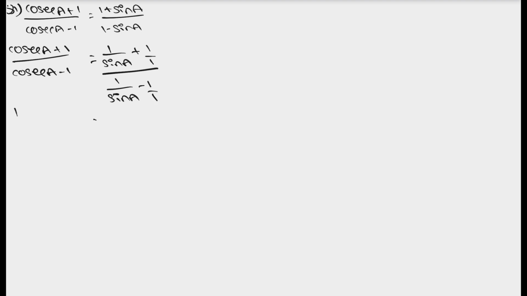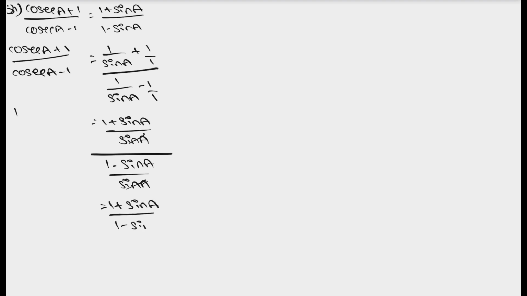We'll get 1 plus sin A by sin A whole divided by 1 minus sin A by sin A. So the sin and sin get cancelled. We'll be having 1 plus sin A by 1 minus sin A, which is nothing but our RHS value. Therefore, our LHS is equals to RHS. This is our question number 1.